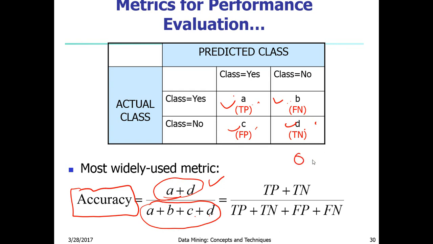Accuracy always lies between 0 and 100%. In terms of fraction, it always lies between 0 and 1. The closer it is to 1, the better the model. So that's the way you can evaluate the performance of a model and compare it with another model.